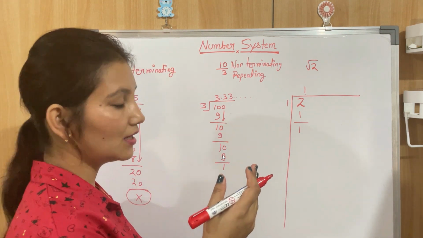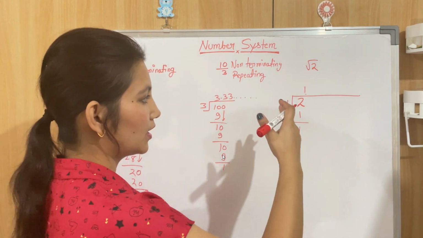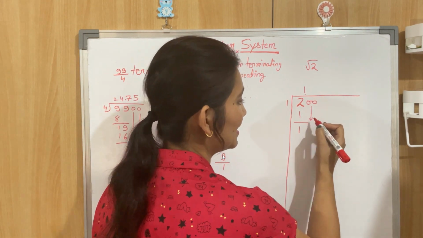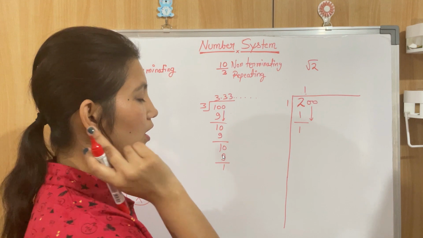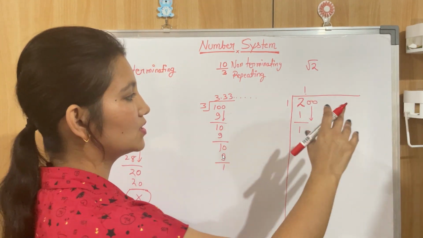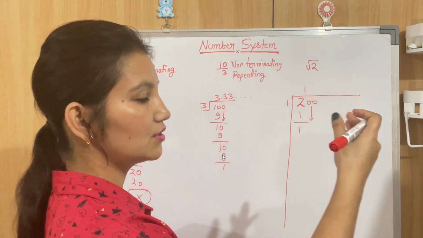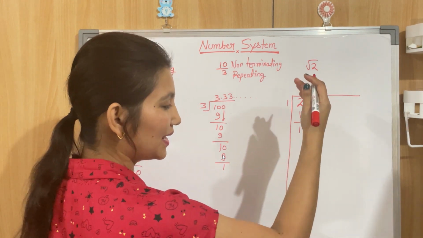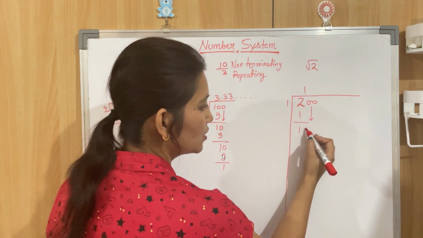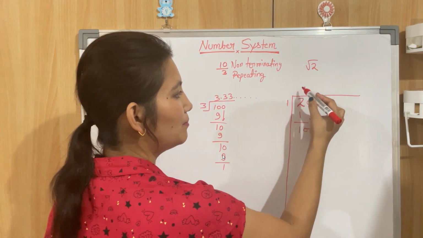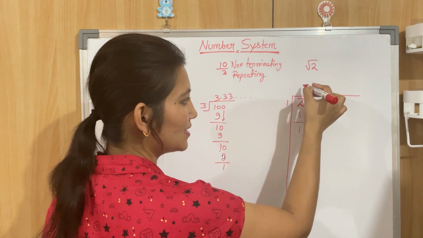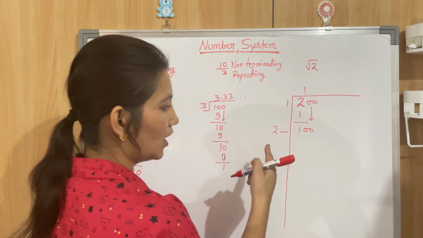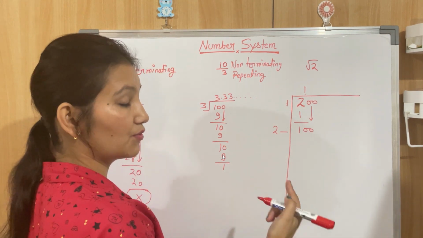Now the division is not complete. There is scope for decimal expansion. We will bring down 2 zeros, and we always bring down zeros in pairs after the decimal while solving these root numbers. So we bring down a pair of zeros, 2 0. Now this 1 plus 1 will be 2. And now we have to decide the second number, what we are going to take here.